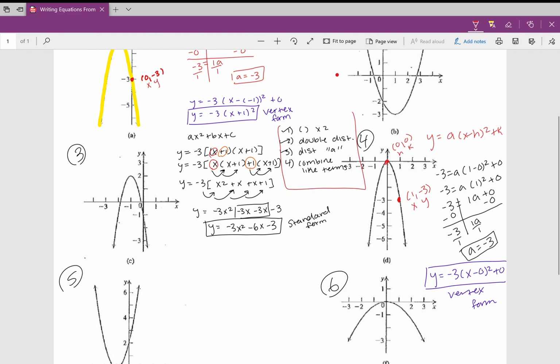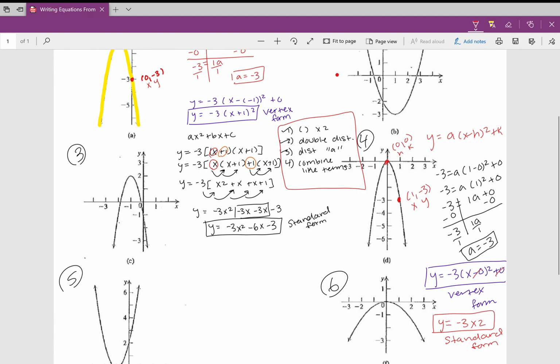But notice, we don't really need this 0 here. So if we got rid of those zeros, this would just be y equals negative 3x squared, which we notice is already in standard form. So there are some of them that are already going to be in standard form and you don't have to do a bunch of work. And then there's some of them that you're going to have to do a lot of work, like number 1.